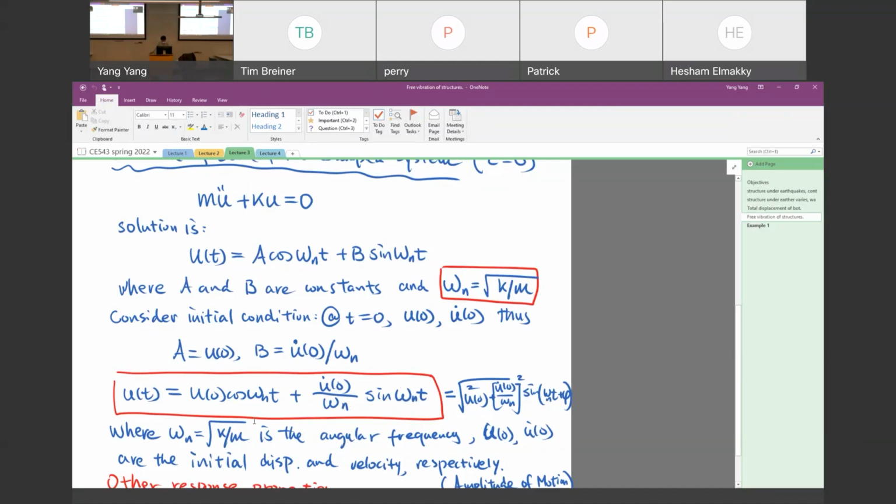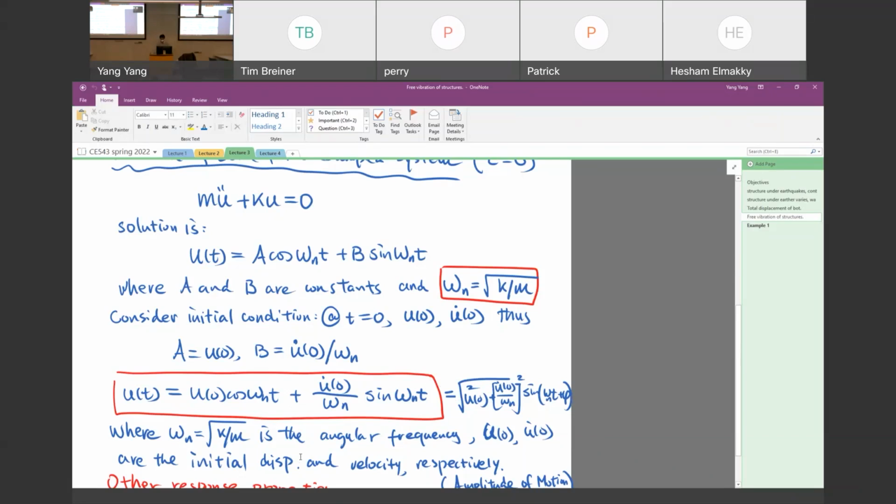And so as you can see here, based on the solution of the differential equation, we can tell the amplitude of the displacement here, as well as the phase and the frequency here.